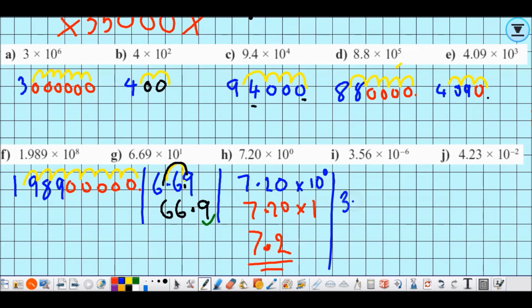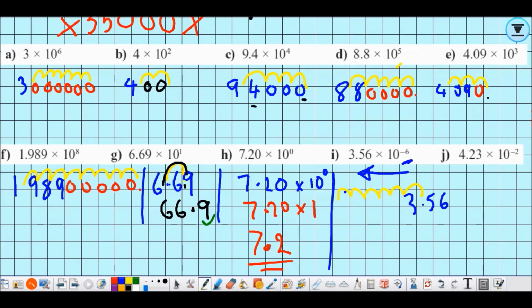So we've got 3.56. Now this time it's raised to the negative power. So I'm going to be moving it that way. Okay, so I'm going to just move that number over a little bit so it gives us a little bit of room. So we've got 3.56, and I'm moving it 6 spaces. 1, 2, 3, 4, 5, 6.